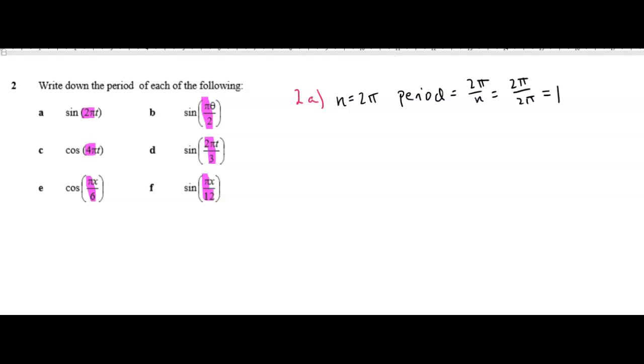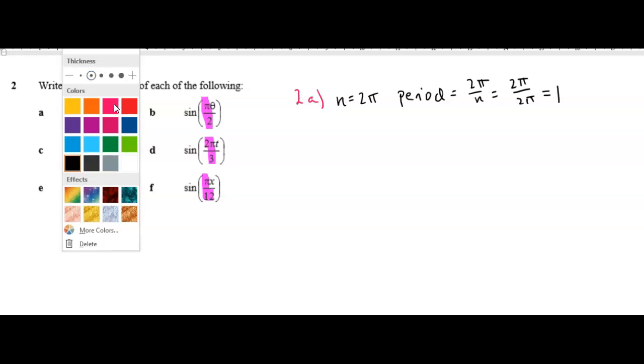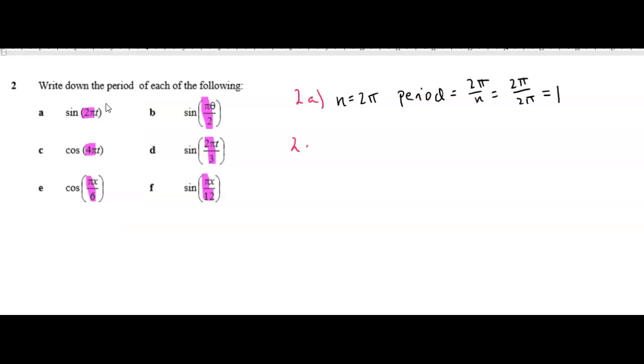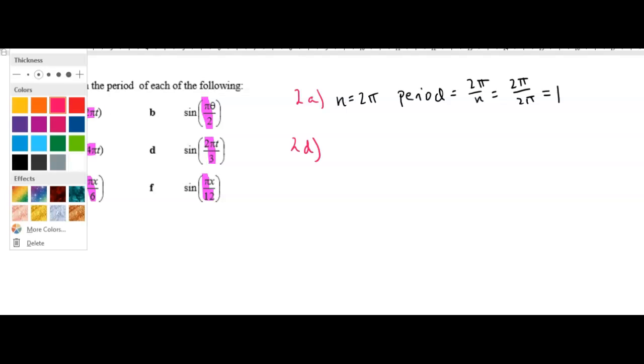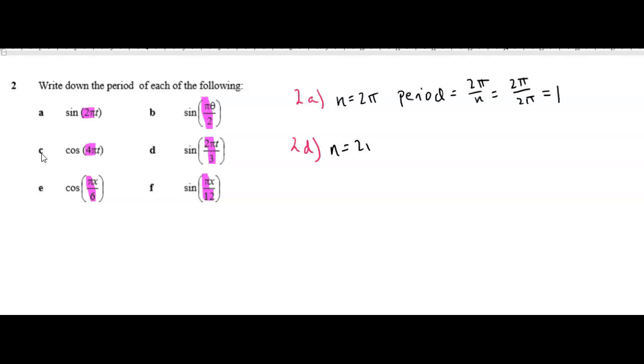All right, we might skip and do D because D looks a little bit tricky because we've got a fraction there. So 2D, our value of n is 2 pi on 3. So the period, same formula, I'm not going to write it again. So we've got 2 pi divided by 2 pi on 3. Now, writing it like that is not the best way.